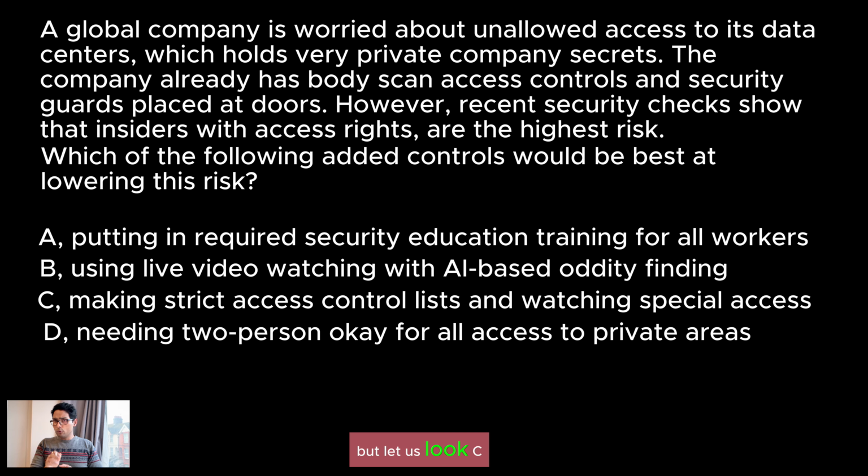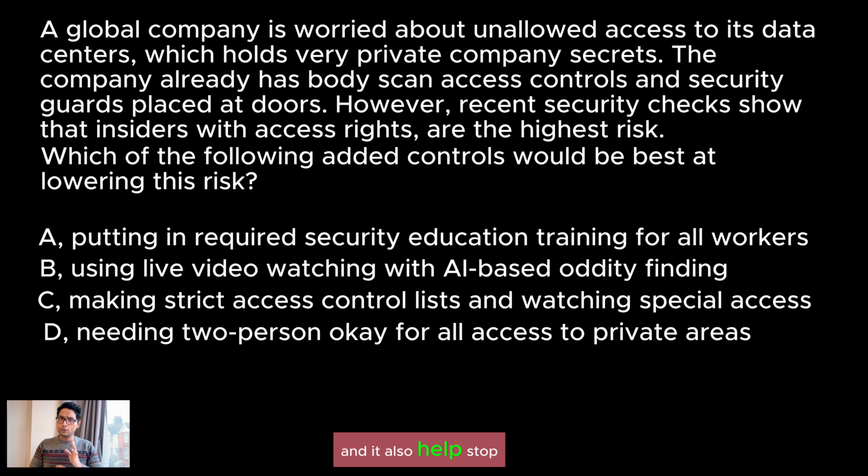But let us look at C and D just to be sure. Strict ACL and special access watching directly handles insider threat at the technical level, and it also helps stop and find the misuse of access rights, and it adds to the defense strategy and does not add repetitive controls.